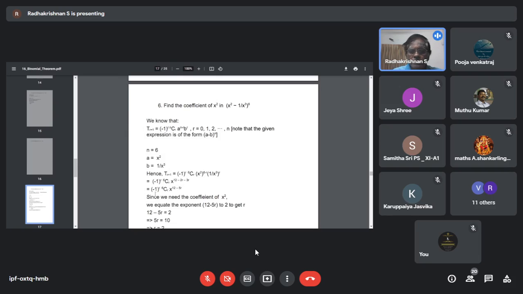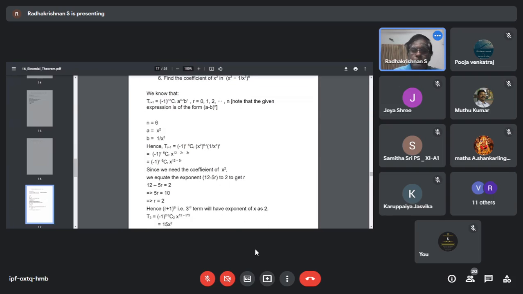It's simply substituting the binomial coefficient formula. And it simplifies to minus 1 to the power of R, 6CR into x to the power of 12 minus 5R. So, since we need the coefficient of x square, all we have to do is equate this 12 minus 5R to 2. If you put 12 minus 5R equal to 2, you get R equal to 2.